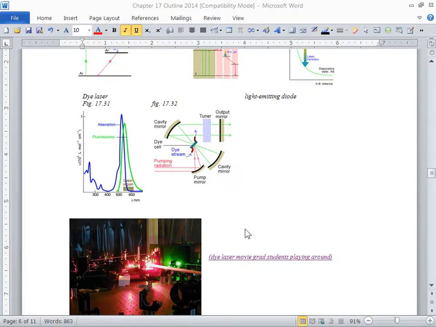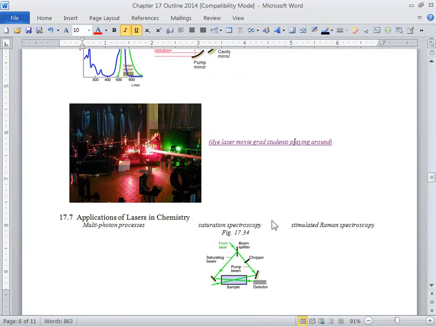So that's that. Okay, so that's what's kind of going on here. And then they just select the wavelength they're interested in.